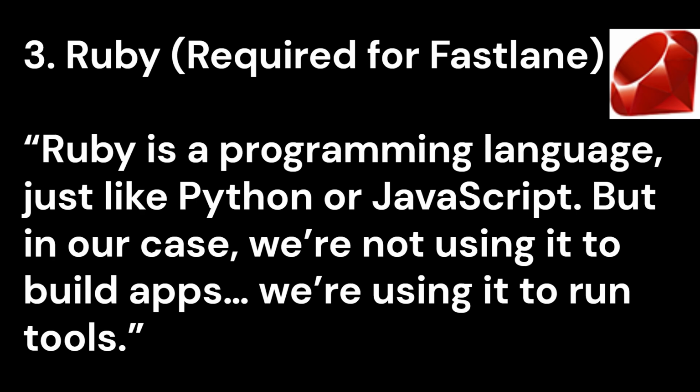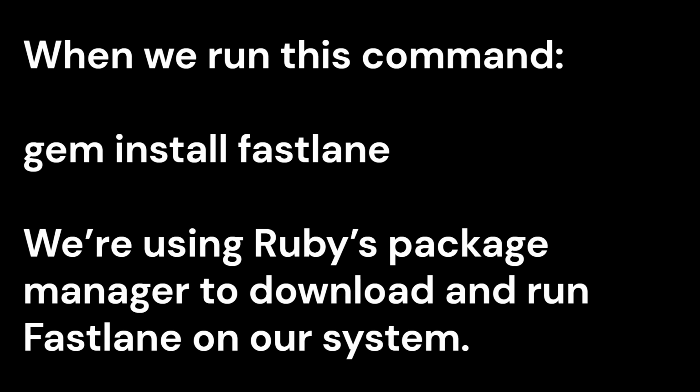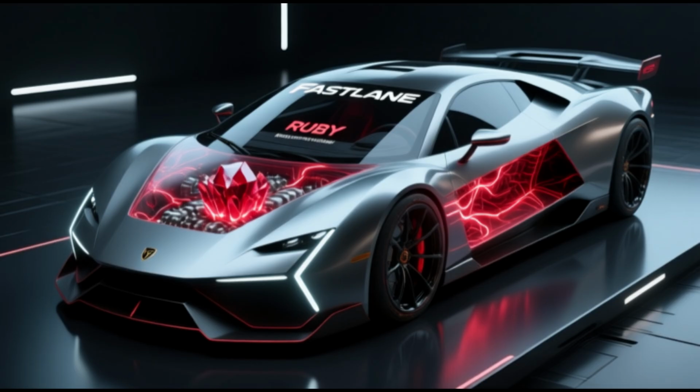So when we run this command, gem install Fastlane, we're using Ruby's package manager to download and run Fastlane on our system. Ruby is like the engine, and Fastlane is the car. You don't need to understand how the engine works. You just need it installed so the car can run.